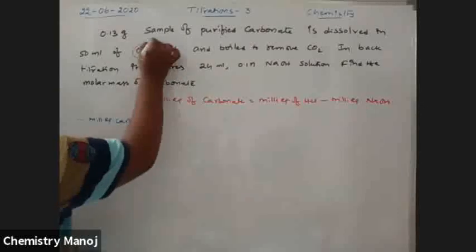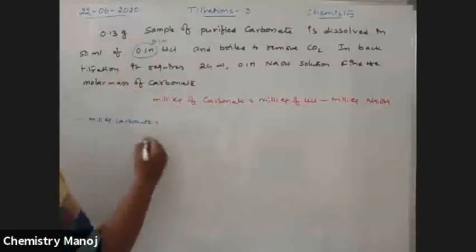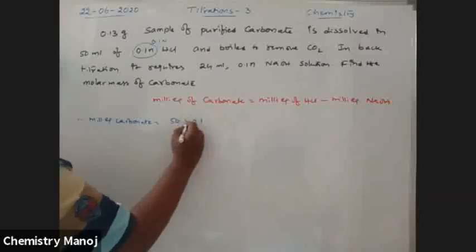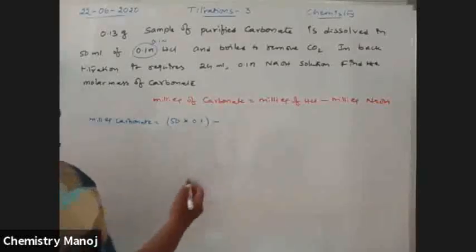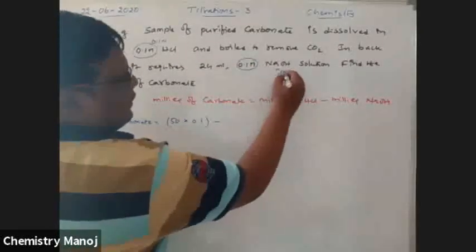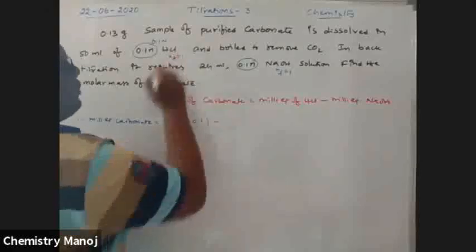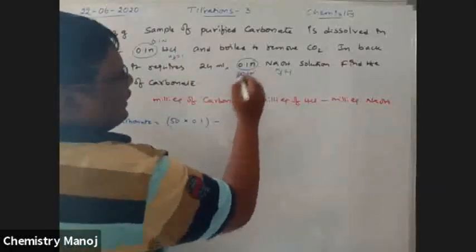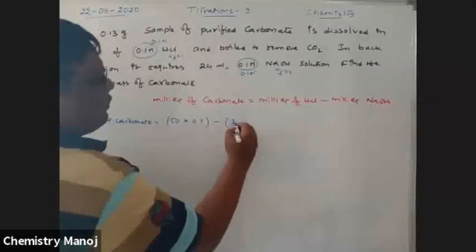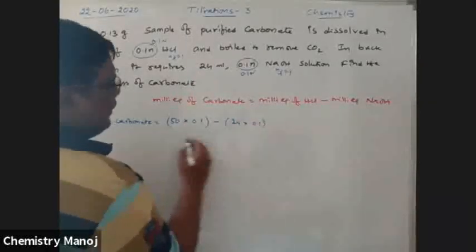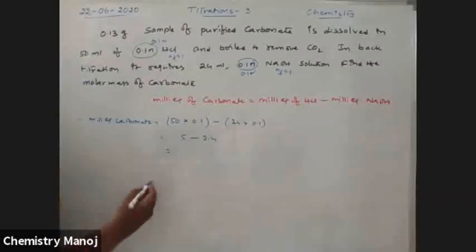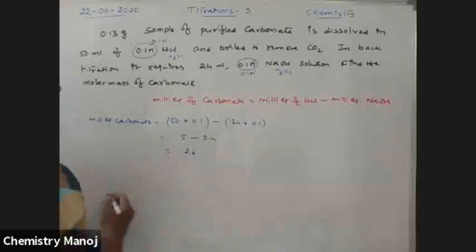So 0.1 M means 0.1 N also. So 50 into 0.1, here n factor is 1, that is 5, minus 24 into 0.1, that is 2.4. So 5 minus 2.4 is equal to 2.6 milliequivalents.